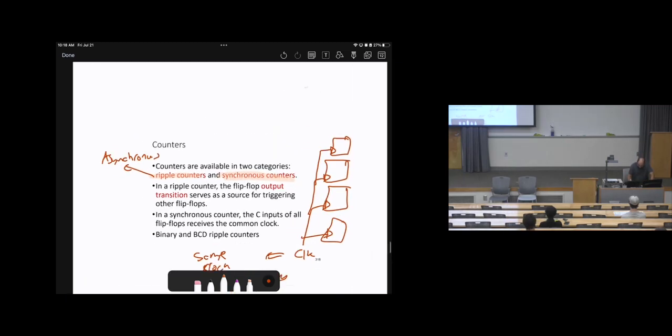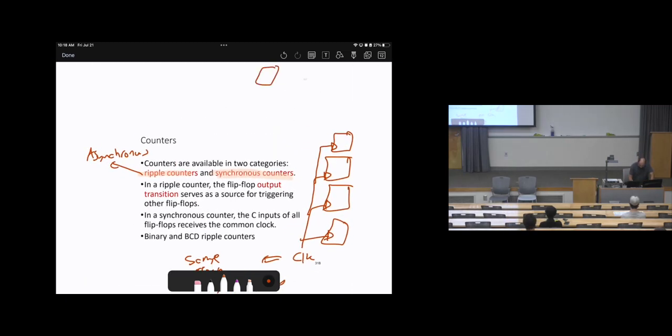However, we can make 4 flip-flops that are not sharing the same clock. For example, let's assume this is connected to something, then the output of this one will be connected to this clock. Then another output connected to this clock, another output connected to this clock.